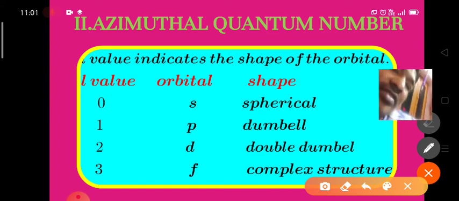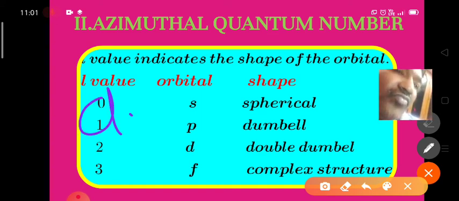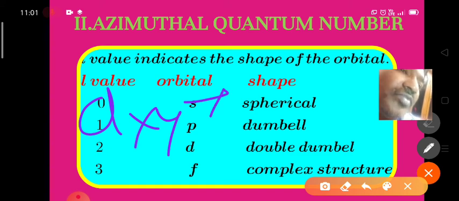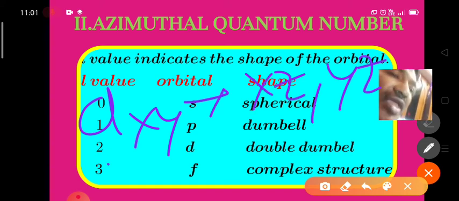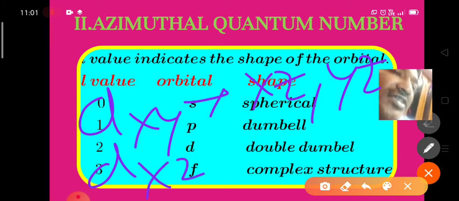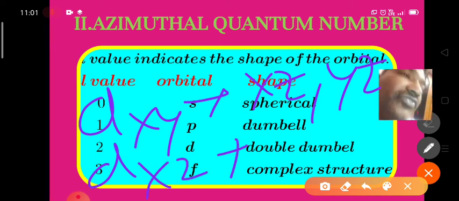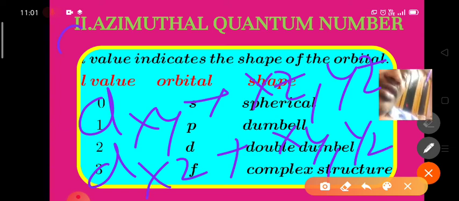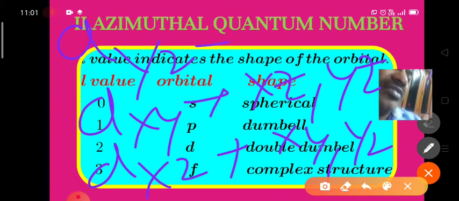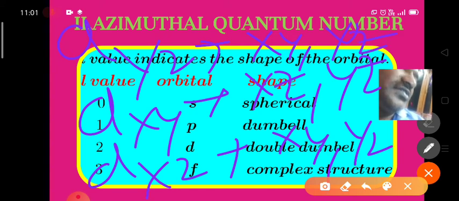For the dxy orbital, the nodal planes are xz and yz. For the dxz orbital, the nodal planes are xy and yz. And for the dyz orbital, the nodal planes are xy and xz.